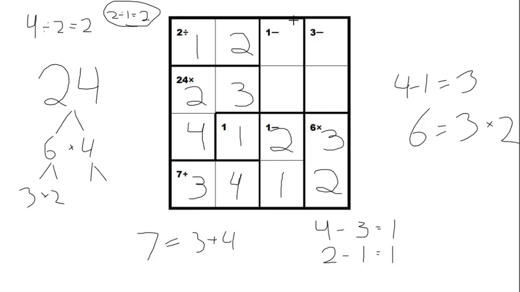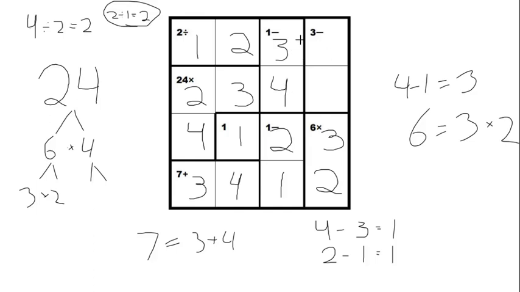And now we just have these 4 boxes to fill. There's not much to it anymore. We know that this has to be 4 minus 3. There's already a 3 here, so this has to be the 4. So this is the 3. And then over here, this has to be 4 minus 1.